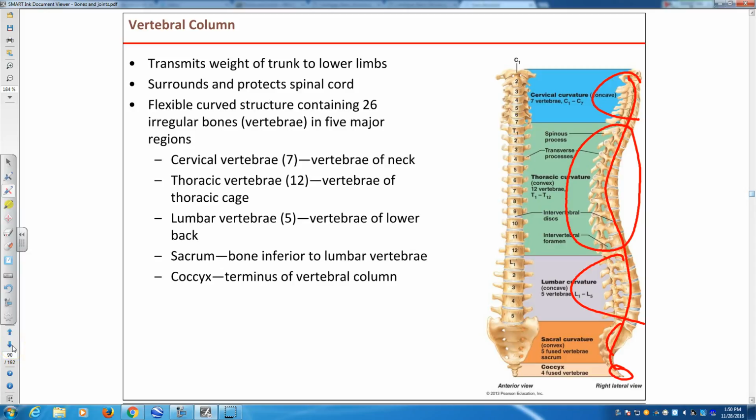Hmm? I don't see the 5 different things on the sacrum. Are you sure you're not mixing up the lumbar and the sacral? Okay, so sacrum, you see the foramina? This is what used to be the sacral vertebrae.